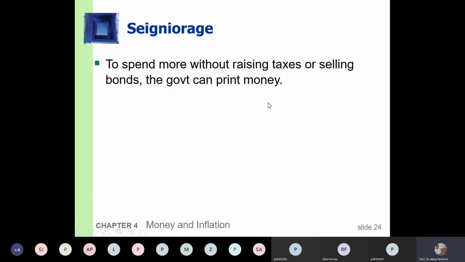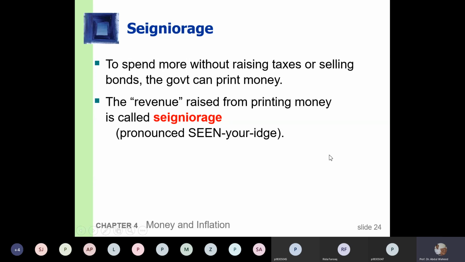Then we have the concept of seigniorage. Whenever the government wants to make expenditures, they impose taxes to finance their expenditure.